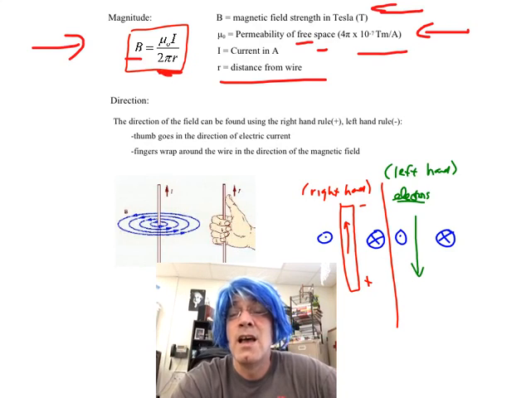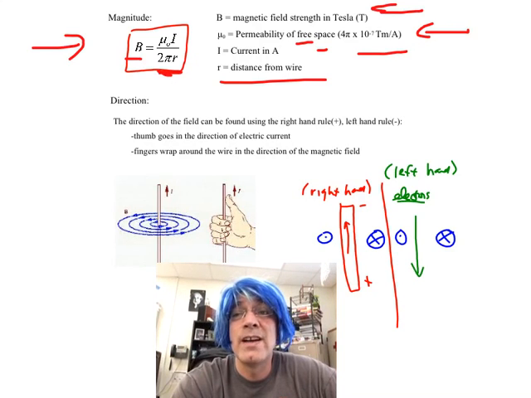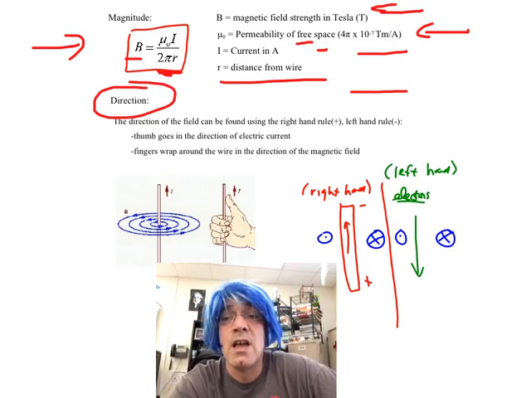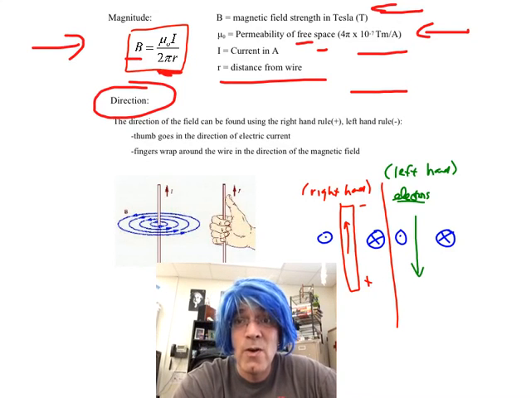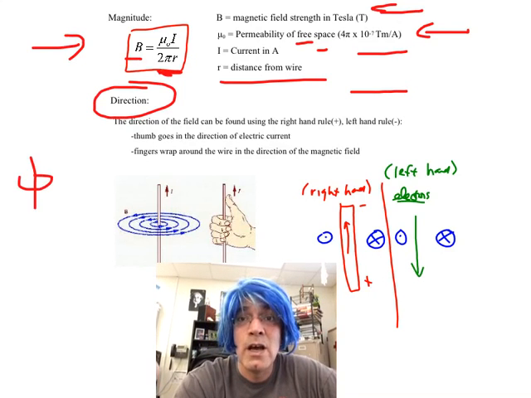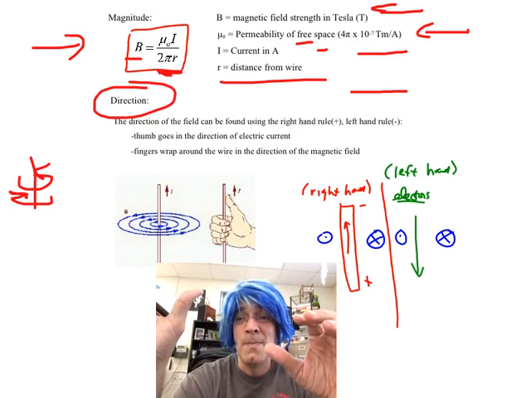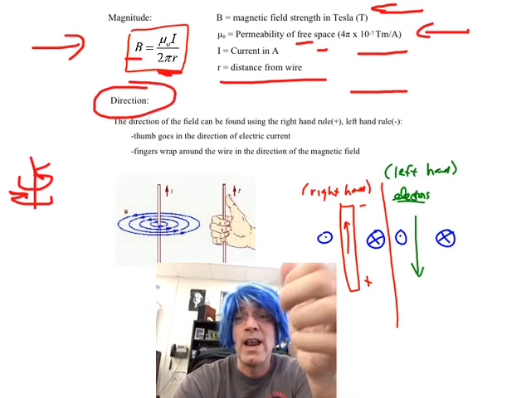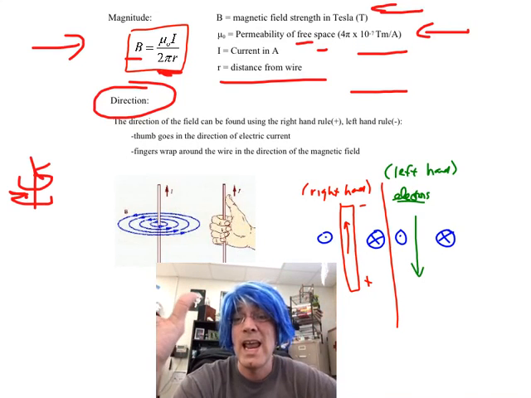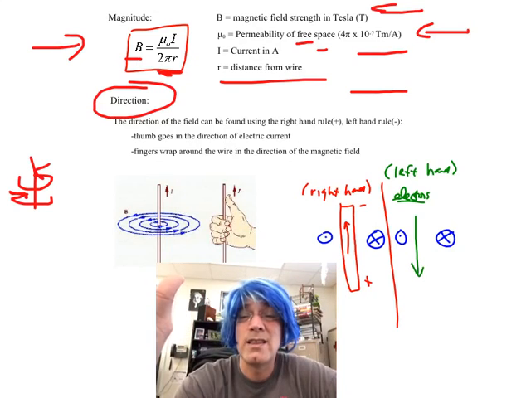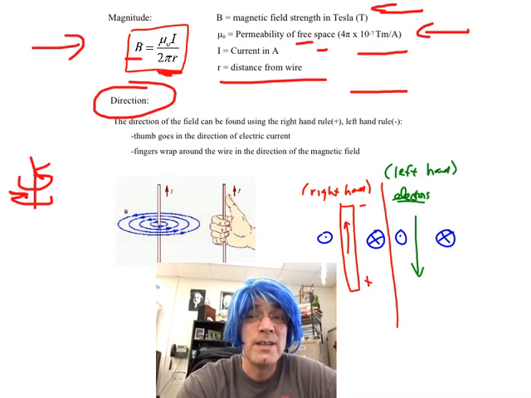And since magnetic field is a vector, because it's got a direction, we need to find its direction. And if you're doing a circle around a wire, there's only really 2 ways you can go. That way or that way. And when we have 2 different ways to do it, we call it polarity. And since our hands have a polarity of a right hand and a left hand, we actually use our right hand to find the direction that the magnetic field would go for a positive charge.